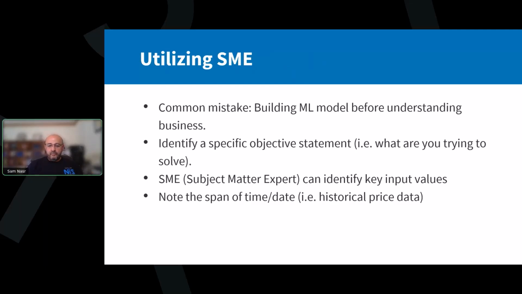So I could take one home, for example, that may have been built in the 50s, and I have data of when it was sold in the 60s and in the 70s, and then compare that to data from last year. Obviously, the price of homes in 2024 is drastically different than what it was back in the 60s and 70s. So taking into consideration the date of that transaction may affect it in this case for home prices.